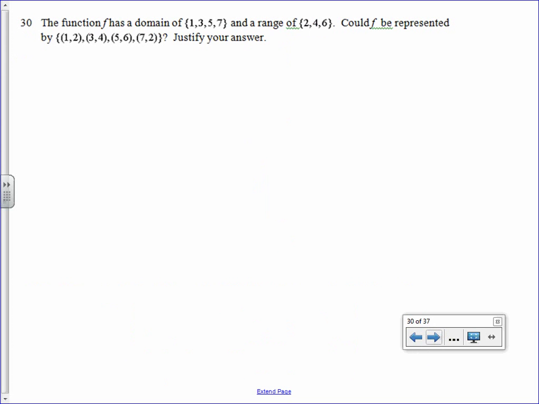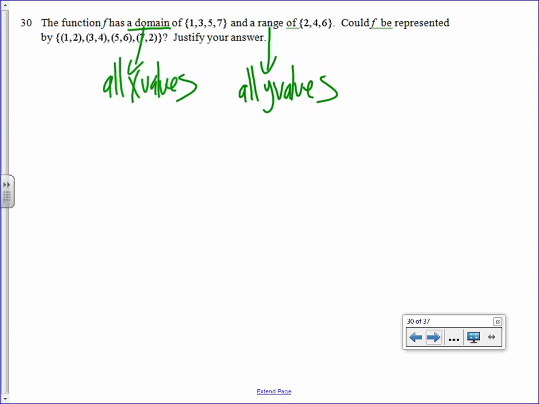The function f has a domain of 1, 3, 5, 7. Well, domain are all your x values. The range is all your y values. Could f be represented by this? Well, let's see. My domain is 1, 3, 5, and 7. Yep. My range is 2, 4, 6, and 2.